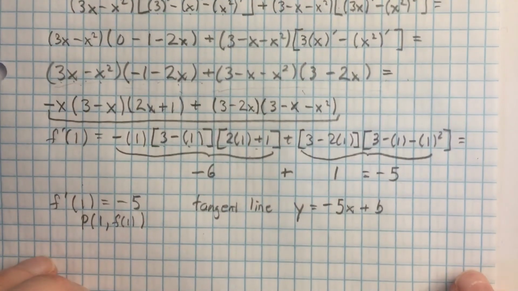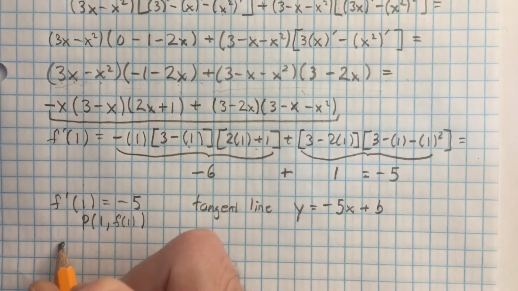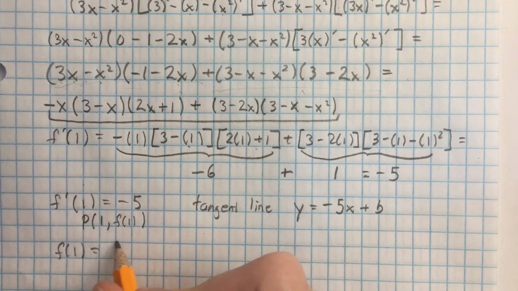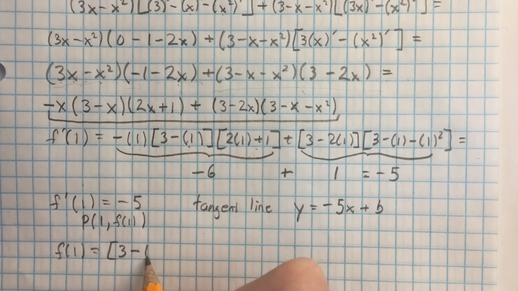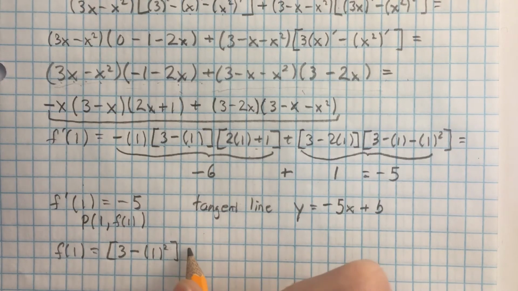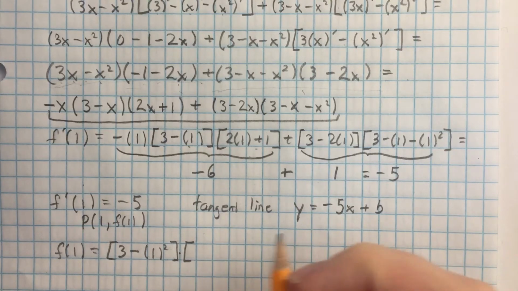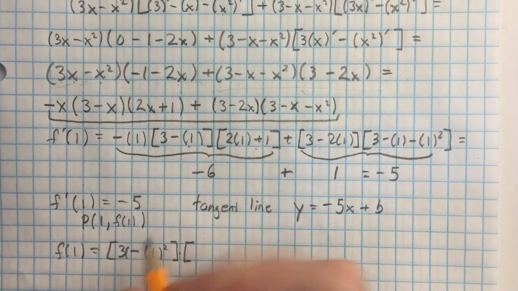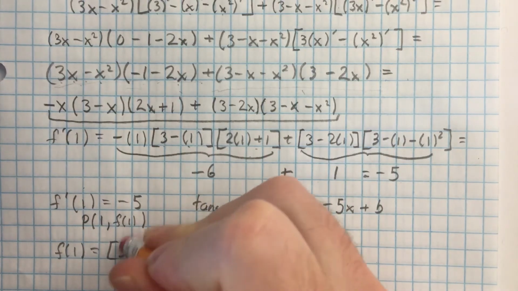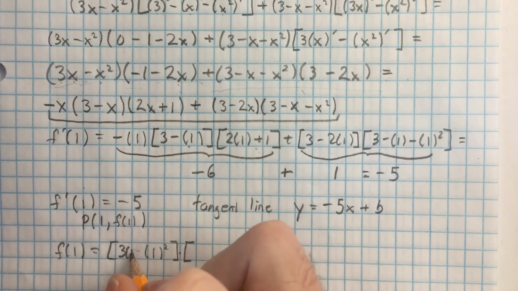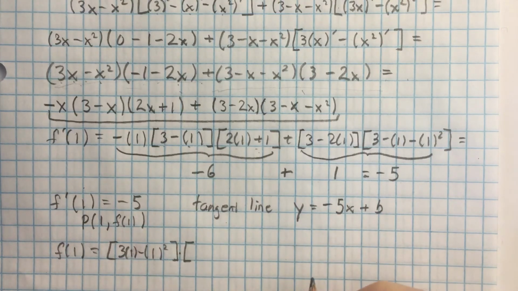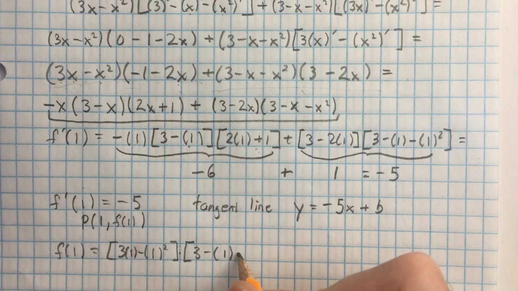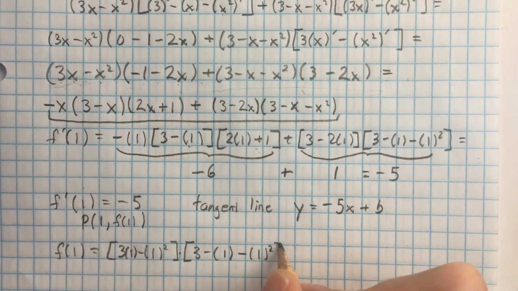So down here, we need also f of 1, not just f prime. So that equals 3 minus 1 squared times 3 times 1 minus 1 squared times 3 minus 1 minus 1 squared.